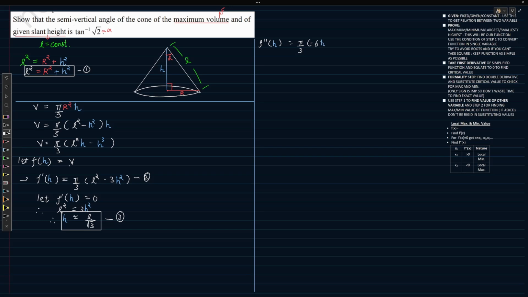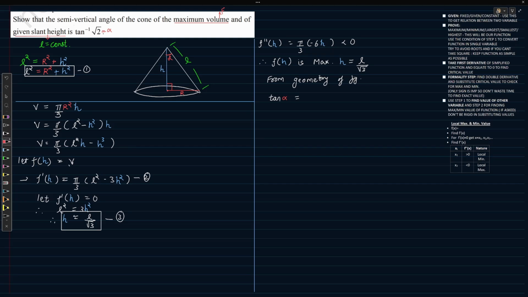Because of minus 6, the overall term will become negative. So irrespective of the value of h, f double dash is less than 0. So we can say f of h will have its maximum value at h equals L by root 3.